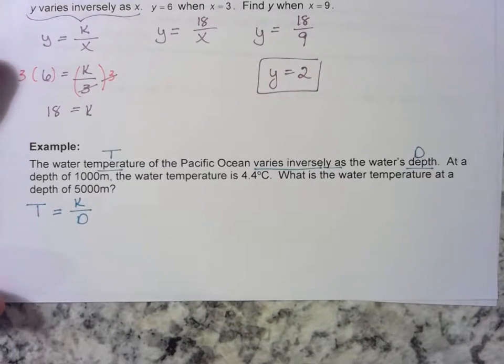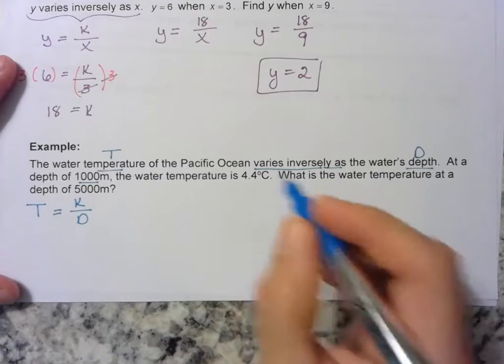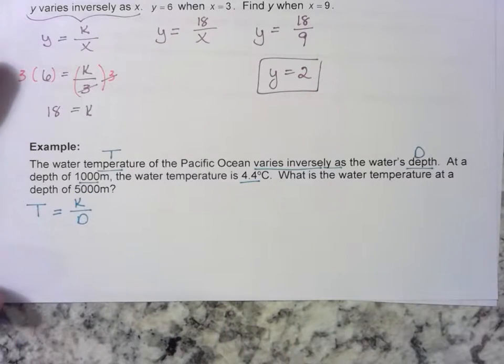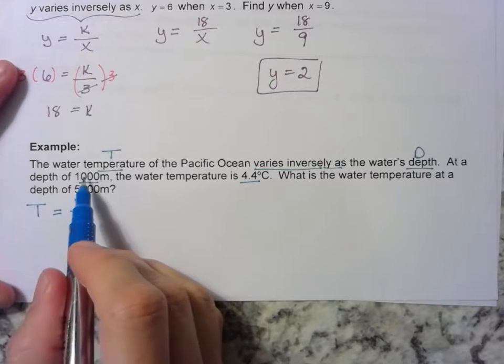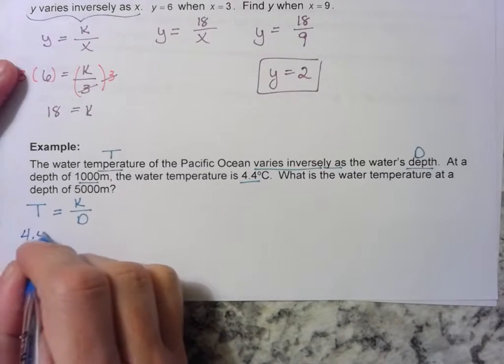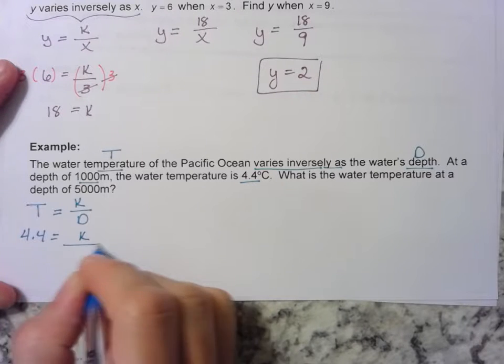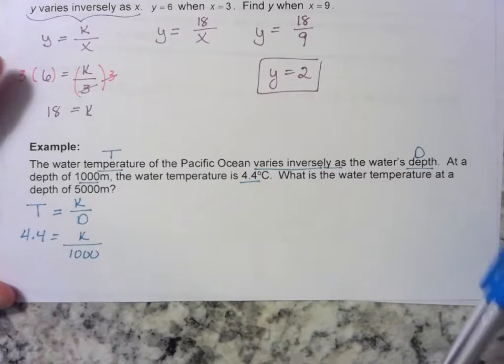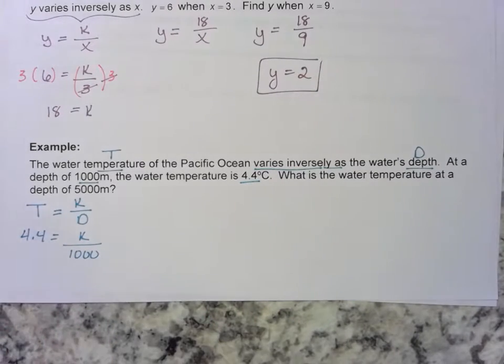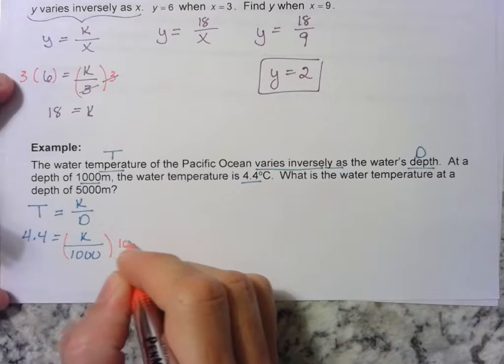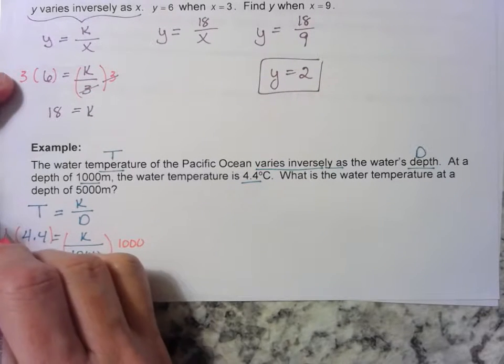They also told us that at 1,000 meters, the temperature is 4.4 degrees Celsius. So we know the temperature, we know the depth. We have 4.4 is equal to k divided by 1,000. We solve for k by multiplying both sides by 1,000.